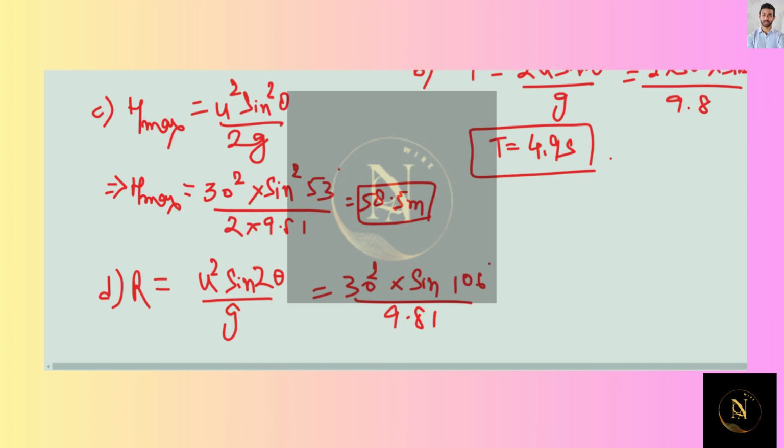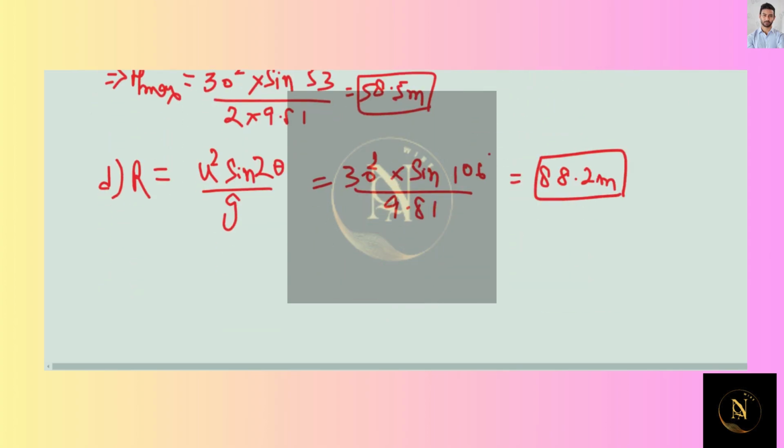When we take the value of sine 106, multiply this with 30 square and divide it by 9.81, we get the result here as 88.2 meters approximately.